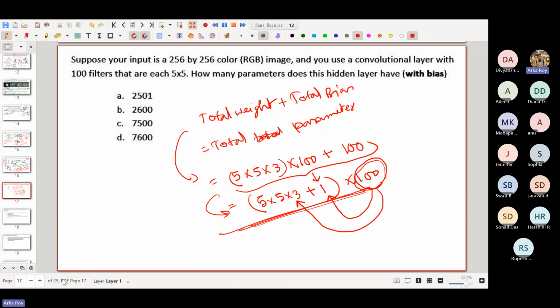If I construct the question in some other manner, directly using this formula you will never get the answer correct. You have to go by this intuition, then only you will get the answer correct. If you directly follow the formula, you will make a mistake. That is the main thing. You can do the mathematical operation and get the answer. Probably the answer is 7600, I think. Yeah, 7600.